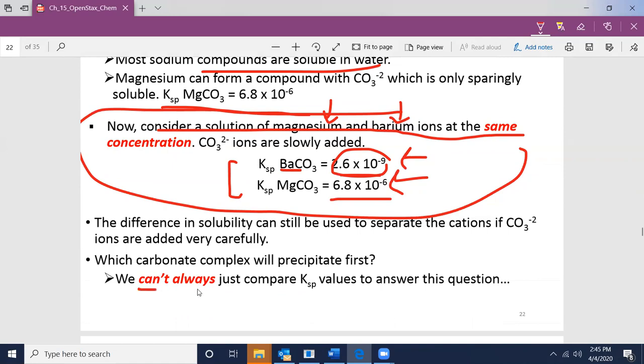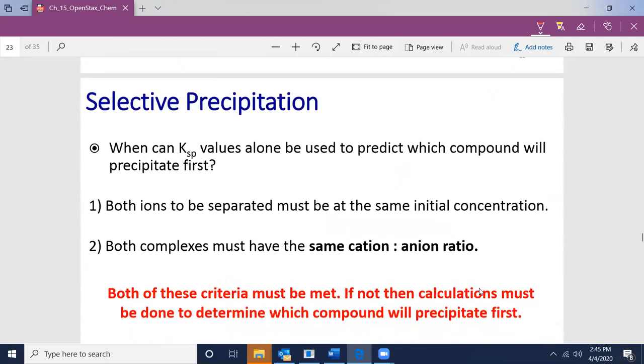That's not the case always. We cannot always compare Ksp values to answer this question. Why? Two conditions must be met if we are using the Ksp. Both of them must be met. If these are not met, we cannot compare the Ksp values. When can Ksp values alone be used to predict which compound will precipitate first?